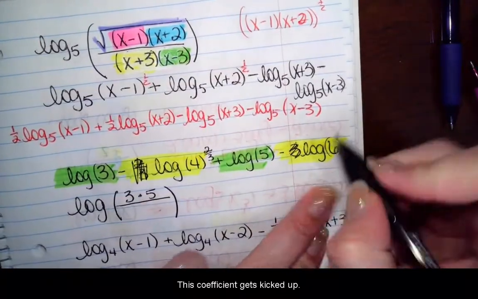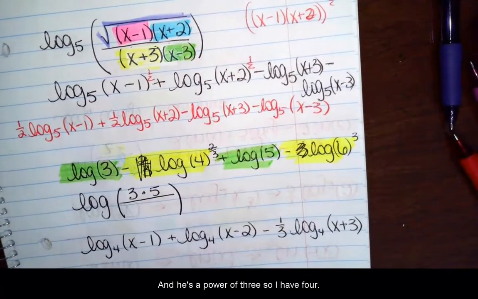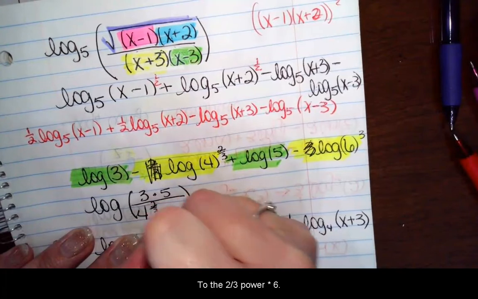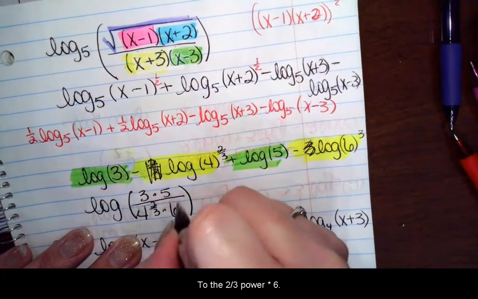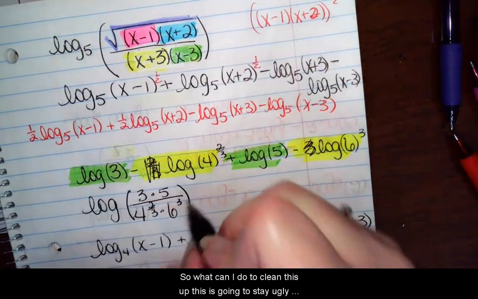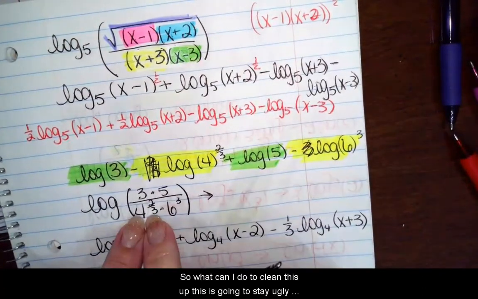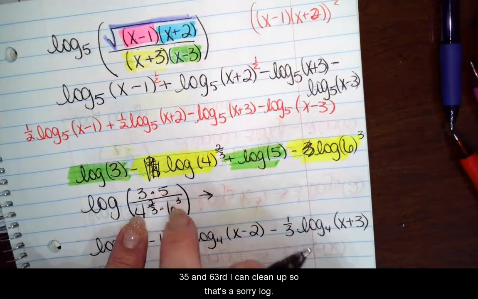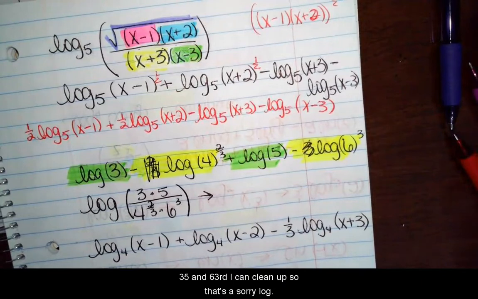This coefficient gets kicked up, and he's a power of 3. So I have 4 to the 2/3 power times 6 to the 3rd. Okay, so what can I do to clean this up? This 4 to the 2/3 is going to stay ugly. But 3, 5, and 6 to the 3rd I can clean up.